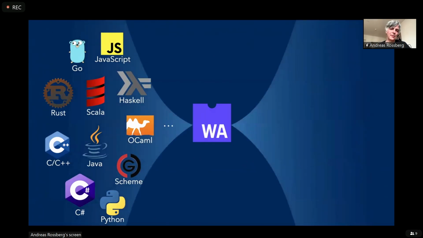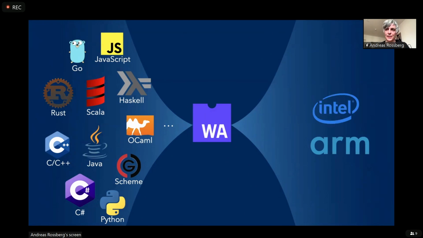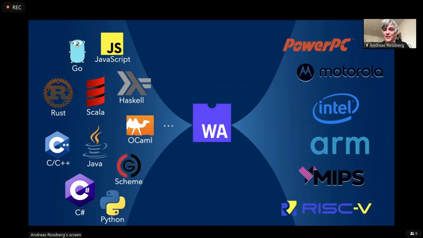And the idea is when you can compile to WebAssembly, then you can run on all contemporary hardware, more or less. That's obviously the big ones like Intel and ARM, but also, at this time, more exotic ones like Motorola 68K or MIPS or PowerPC, and of course RISC-V would also be a valuable target.